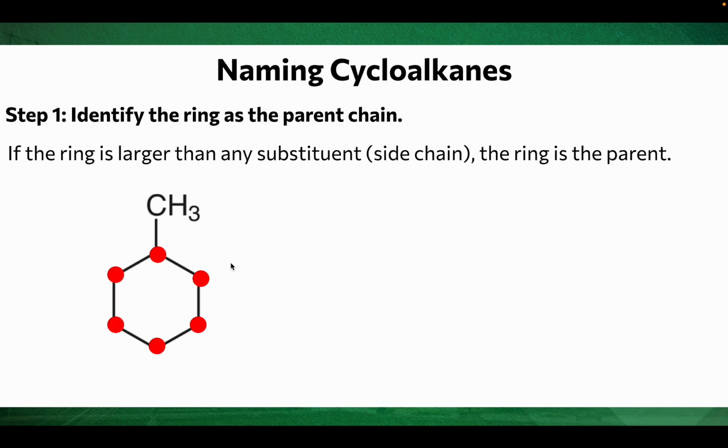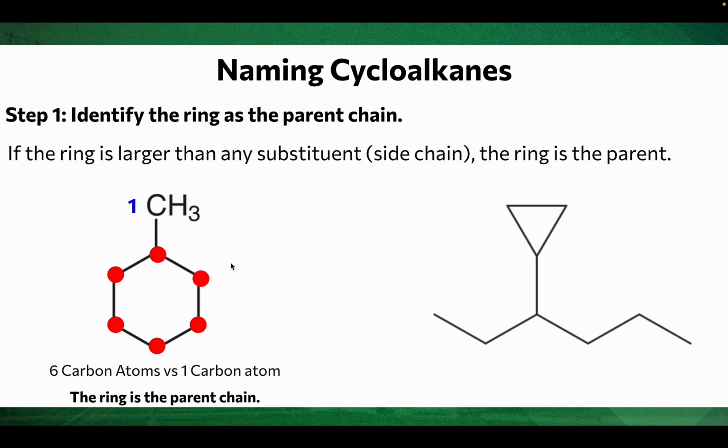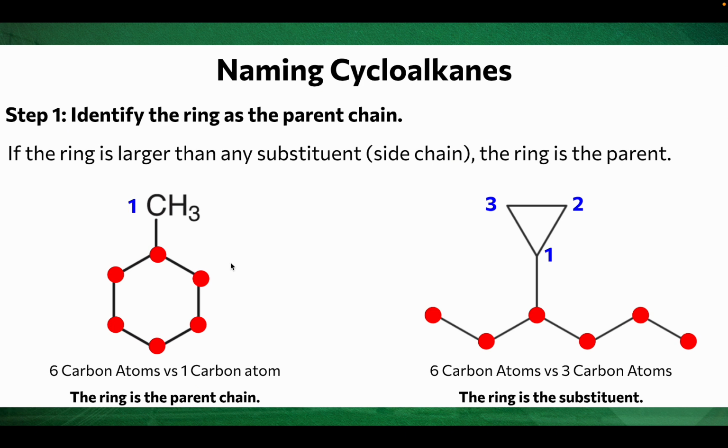The substituent has 1 carbon atom. 6 is more than 1, so the ring is the parent chain. Here, the ring has 3 carbon atoms, and the side chain has 1, 2, 3, 4, 5, 6. 6 versus 3, so the ring will be the substituent.